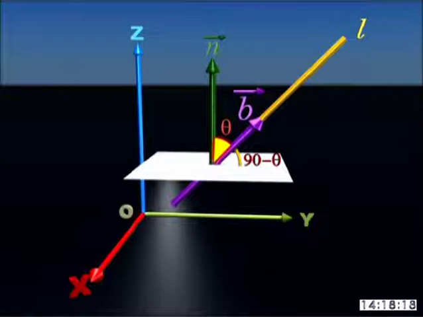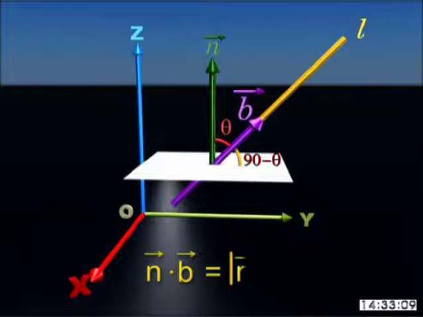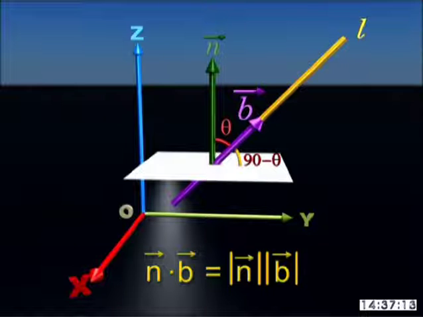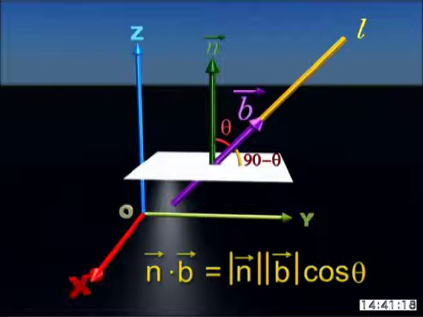Now, as we know an important fact about the angle, let us try to solve the equation further. The angle between the line and the normal can be found by dot product of vector n and the direction vector b of line L, which is equal to magnitude of vector n into magnitude of vector b into cos theta.